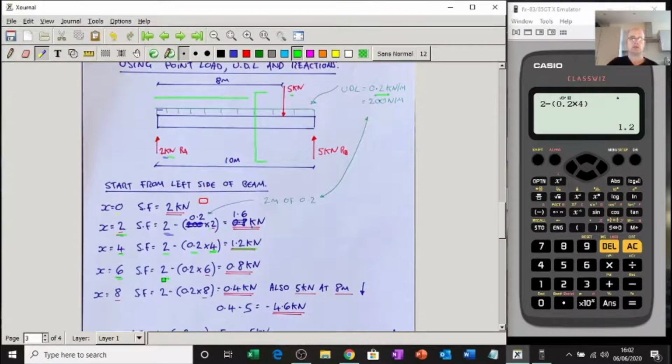There's the 2 as normal. There's my UDL value, 0.2 kilo, and there's my 6 because x now is 6. So put that in your calculator if you want to, 2 take away 0.2 times by 6. 0.8 kilonewtons, don't forget the K.